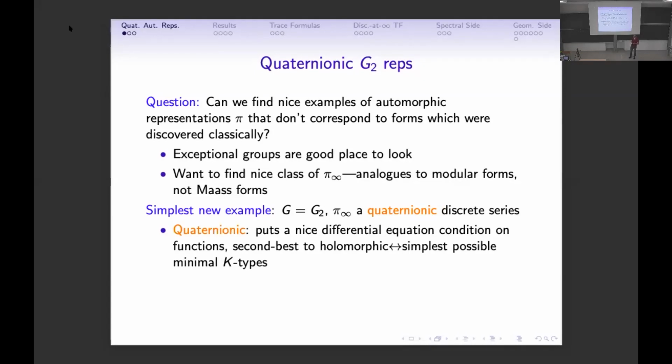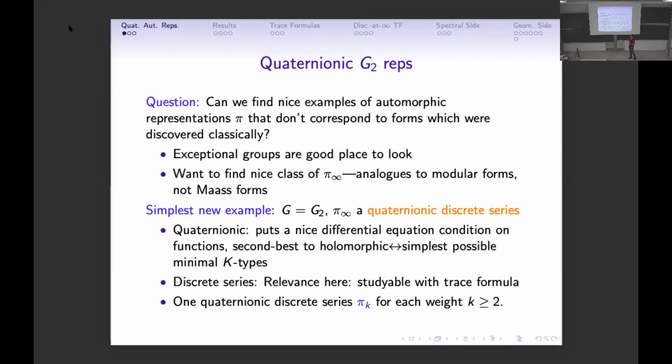It sort of has to do with the minimal K-type of these representations, the real representations, being as simple as possible. And discrete series are just the real representations that live discretely inside L2. The relevance for us here is that the discrete series is going to make these representations more easily studyable using the trace formula.